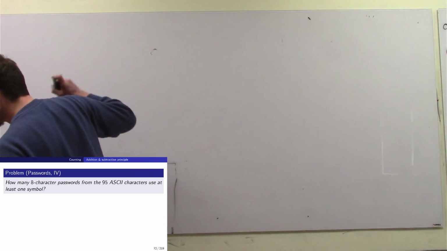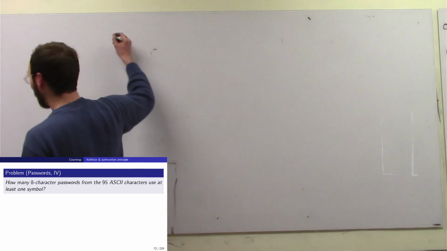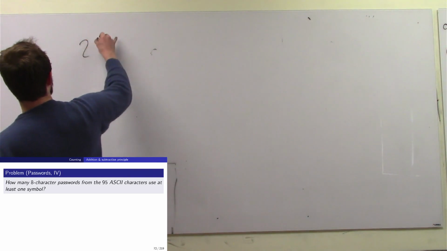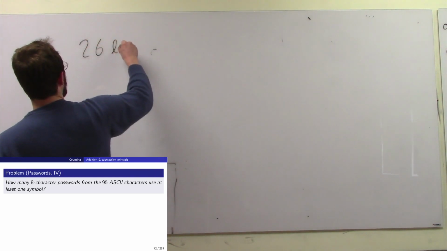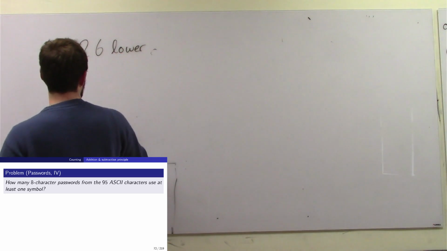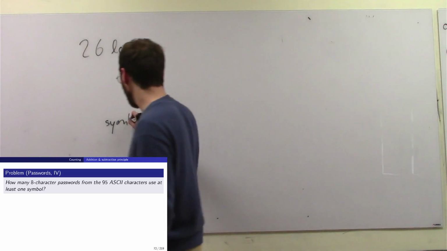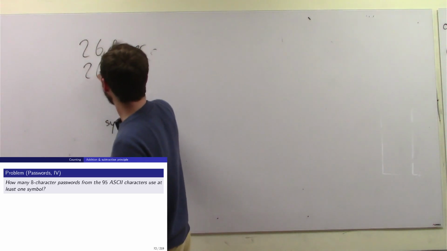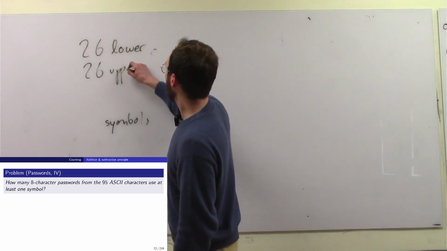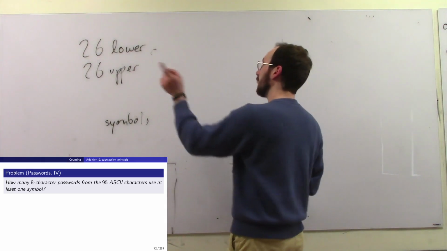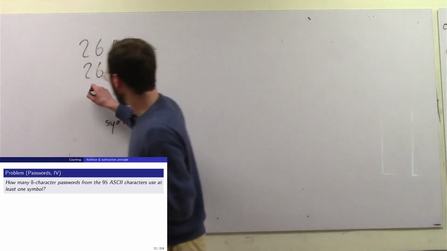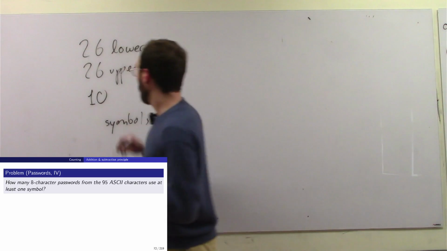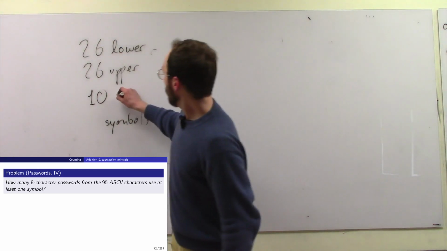Okay, so just to remind myself, I already wrote this up earlier. A symbol in this context, that was the word I was looking for earlier, is what is not a letter or a digit. In ASCII, we have 26 lowercase letters, 26 uppercase letters, and 10 digits, 0 through 9.